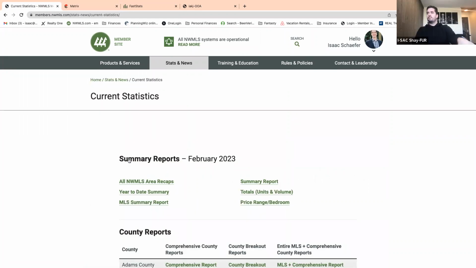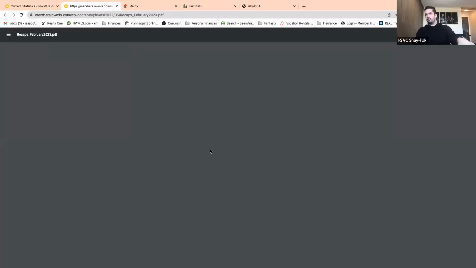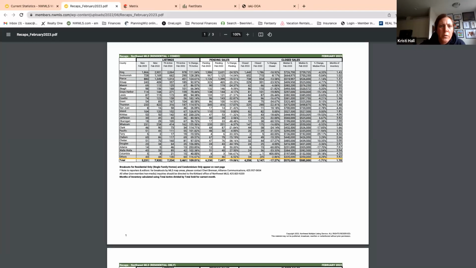And then click on all Northwest area recaps. Okay, so the first one's going to be residential and condo. See where it says King County and then it says closed sales at the second to last column. It says percent of median price change was down 4.35%. There we go. And then on the Pierce County one, it says down 1.14. So that's where I got that.